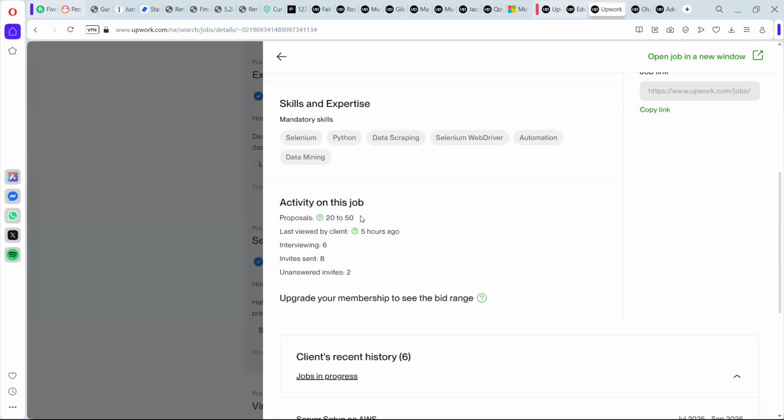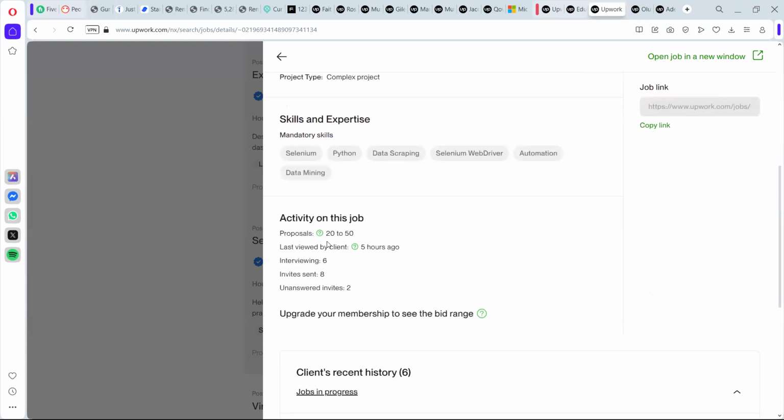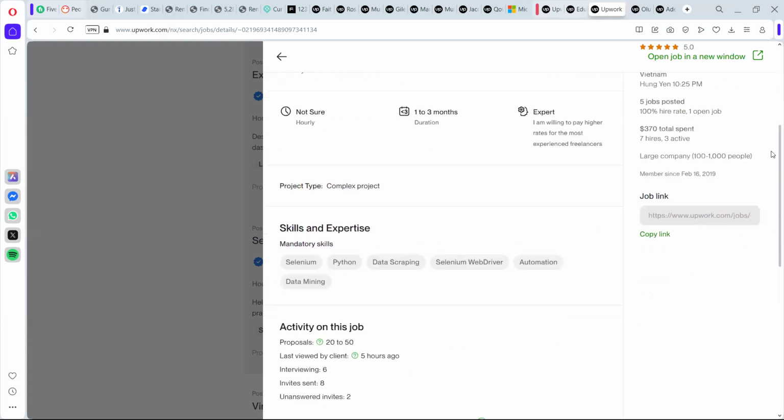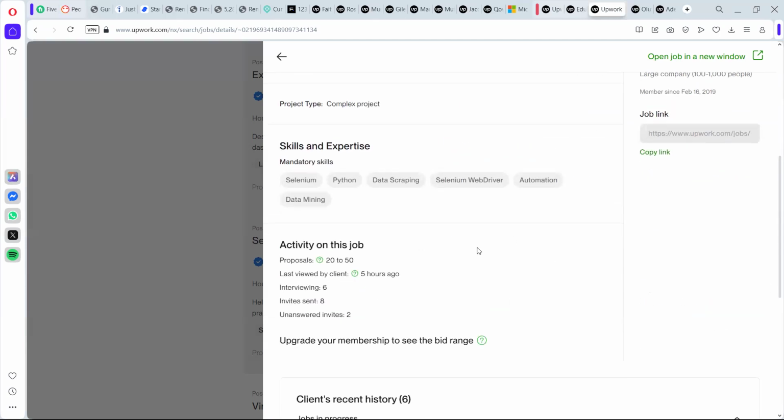But look at this. The client has sent 8 invites, and 20 to 50 people have already applied for this job. Even though this client has a 100% hire rate, if you look at the activity, client details and job activity go hand in hand. And that's why I said the 3 things, your profile, also goes hand in hand.